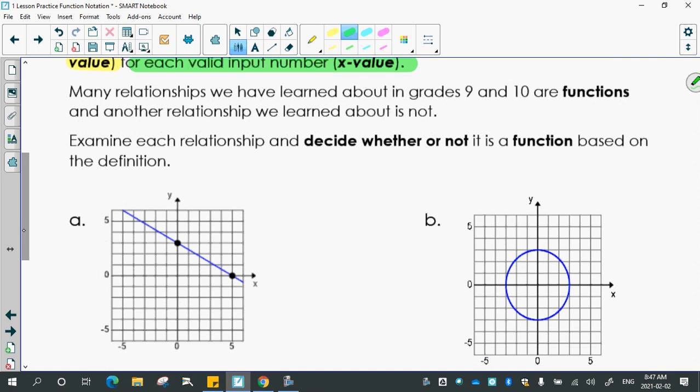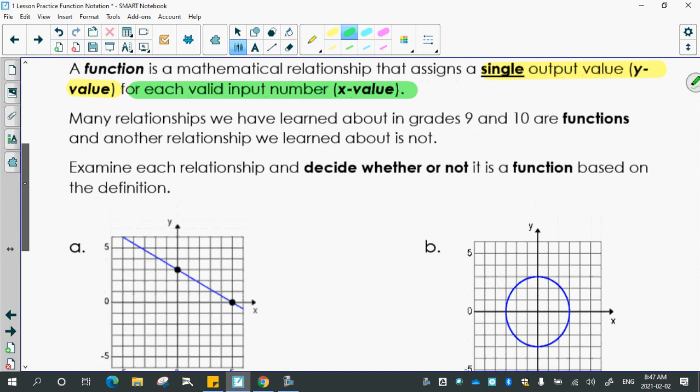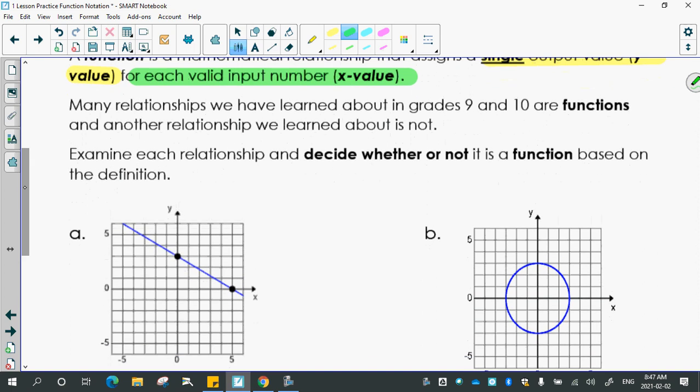Examine each relationship and decide whether or not it is a function based on this definition up here. Okay, so the x-axis are our input values. So here's our input values, kind of thick, but they're always on the x-axis. So these are our valid inputs.